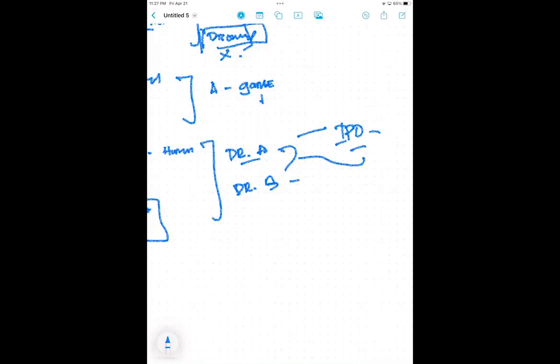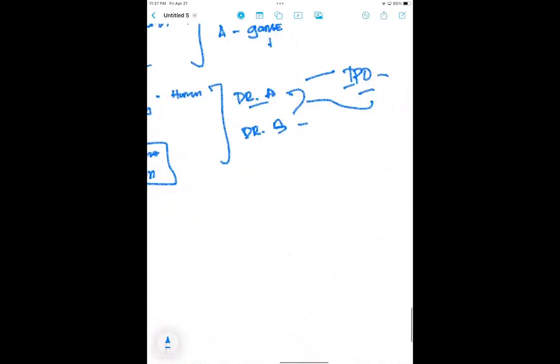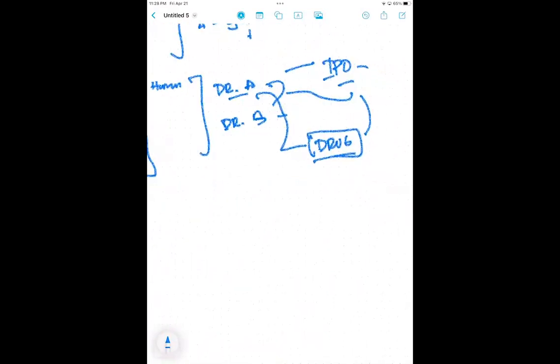Okay? Not patentable. However, let's say, for example, Dr. A was able to come up with a drug that he prescribes to his patient. And this drug was made subject of a patent application of Dr. A. Should the Intellectual Property Office grant patent to A, assuming that this medicine contains all the elements of patentability?